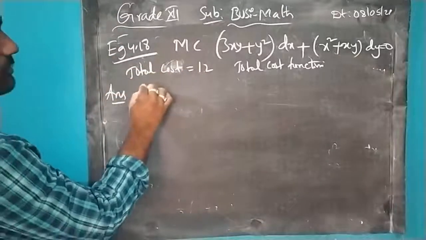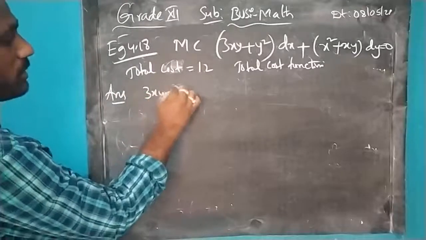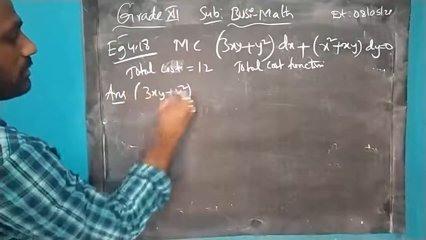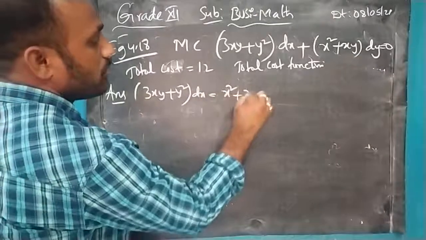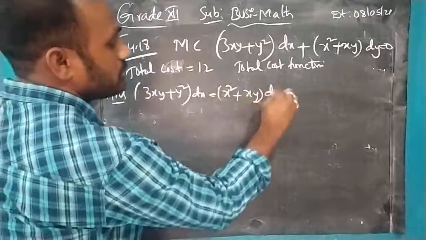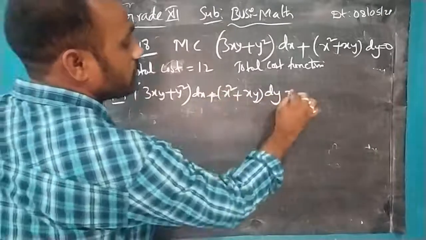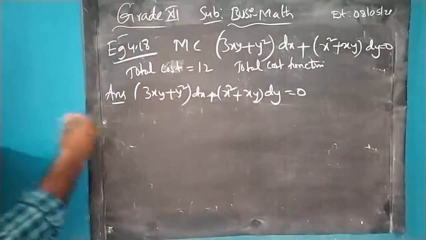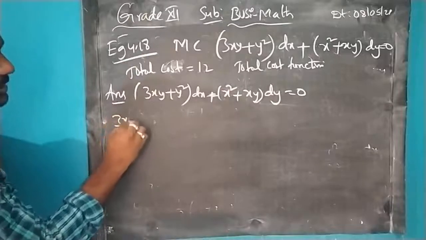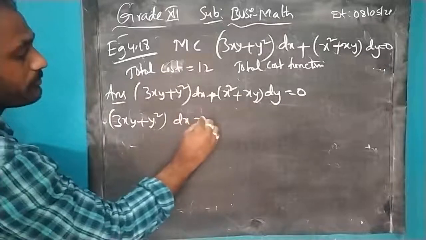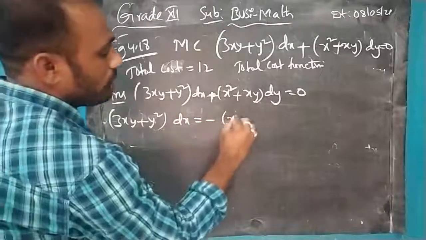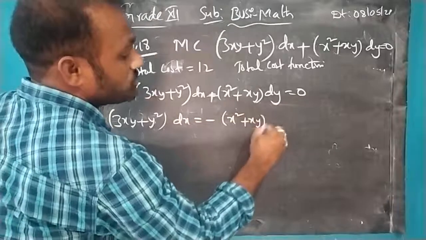So given differential equation is (3xy plus y square) into dx plus (x square plus xy) dy is equal to 0. So let me transpose first. (3xy plus y square) into dx is equal to minus of (x square plus xy) into dy.